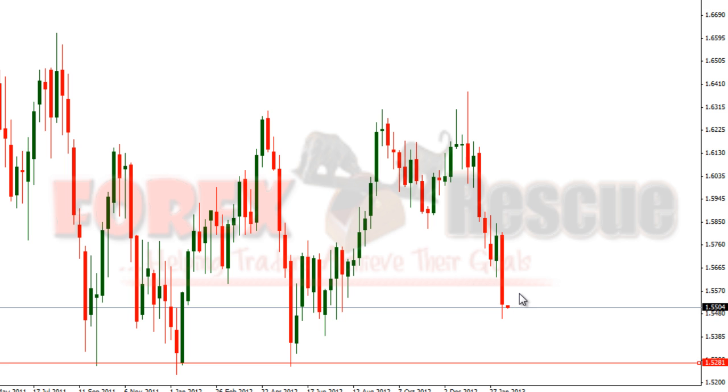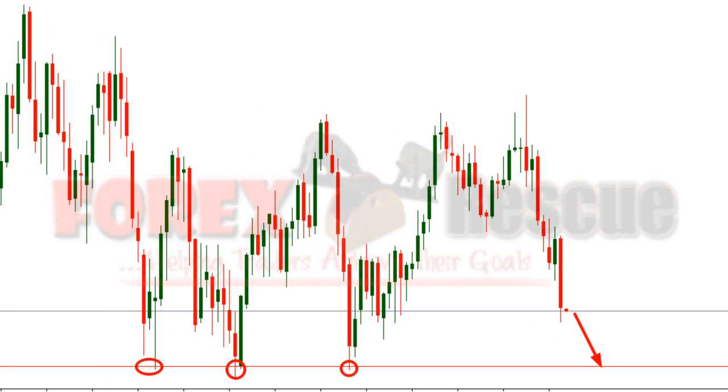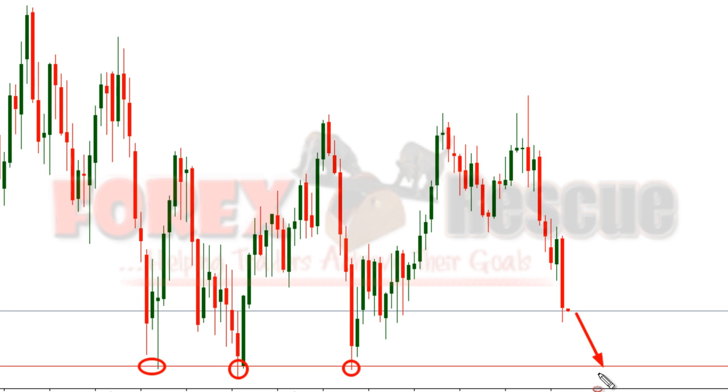But as it stands now, our bias in this trade is to go short here. We expect that price will fall further to this area here. You can see support, support, support, support. So we expect that price will fall to this area.